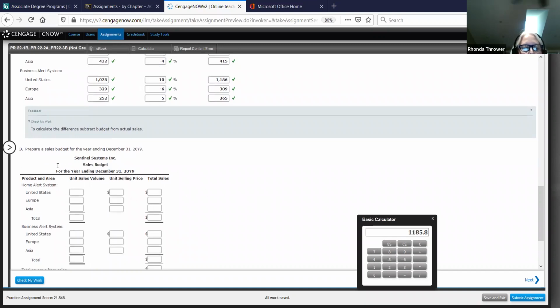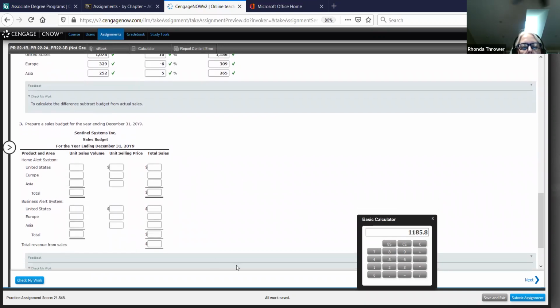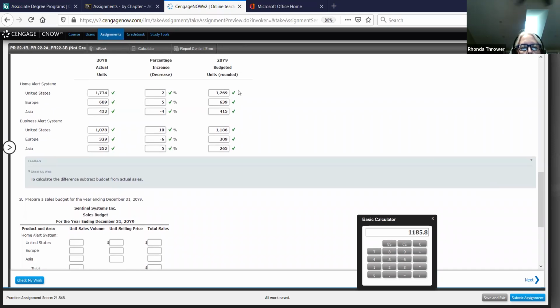This is an actual sales budget. This is what you're going to be doing in this chapter, is preparing budgets. And the sales budget is based on the sales volume that you think is going to happen during that budgeted time period times the unit selling price. So the unit sales volume is going to come from what we expected it to increase to from part 2.